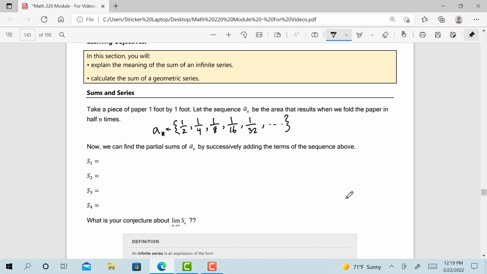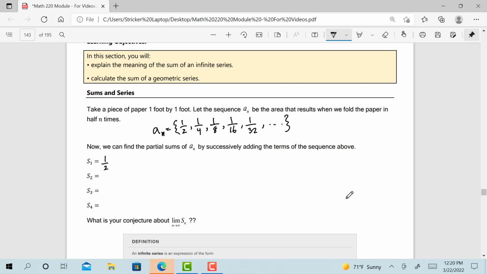So now we're going to define what's called a partial sum. And the way we find a partial sum is by adding up the first n terms out of a sequence. So the first partial sum would be what we call S1, which is basically the sum of the first term, which isn't really a sum, it's just the first value. So S1 is 1/2.